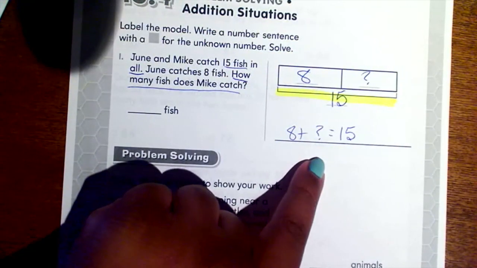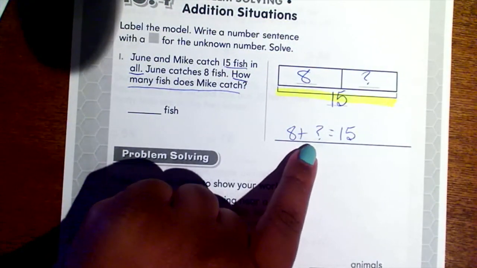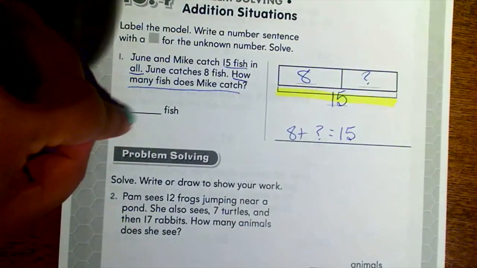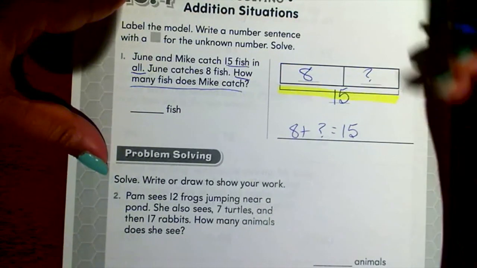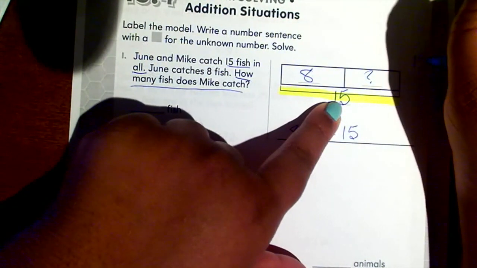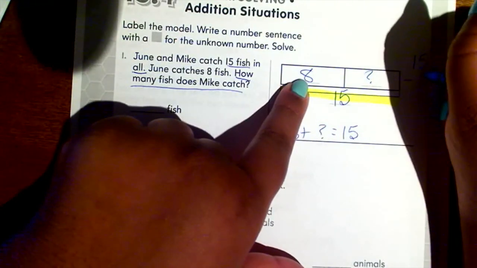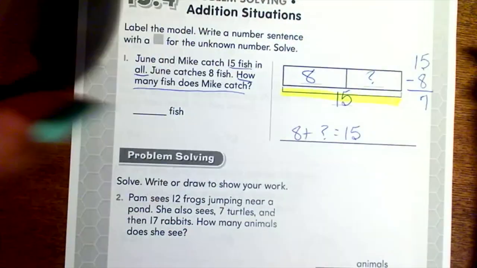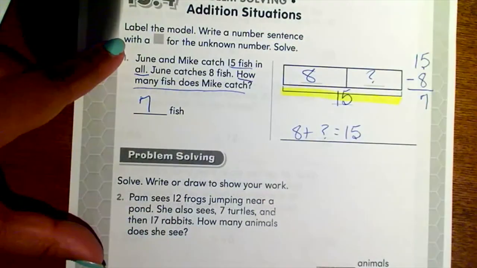Can you think what number you can add to 8 to get to 15? If you can, go ahead and write your number below. If you cannot, you need to take your whole number, which is 15, and subtract the part to get the other part. And you will see that your answer is 7.